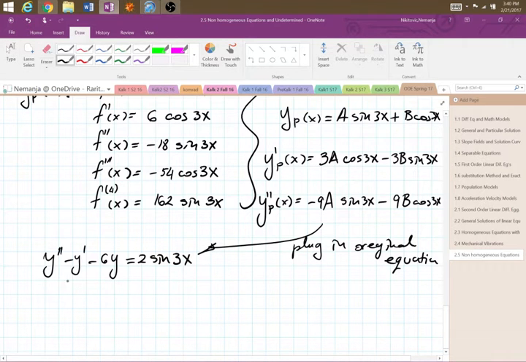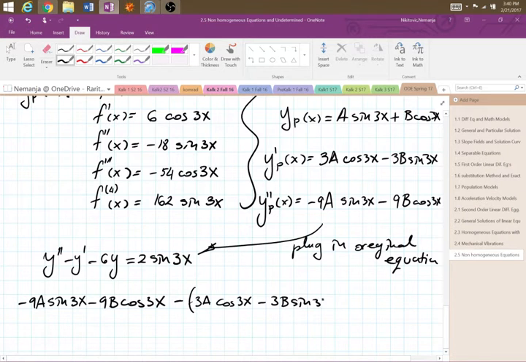Instead of y prime, I have negative 9a sine 3x minus 9b cosine 3x. Oh, this is going to be a very long expression. And then we have minus, and now y prime, which is 3a cosine 3x minus 3b sine 3x.